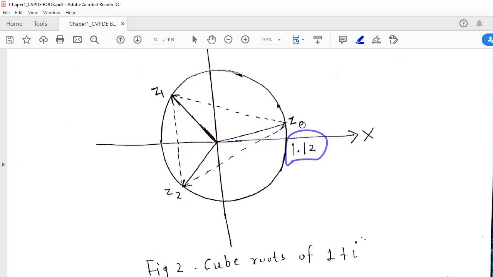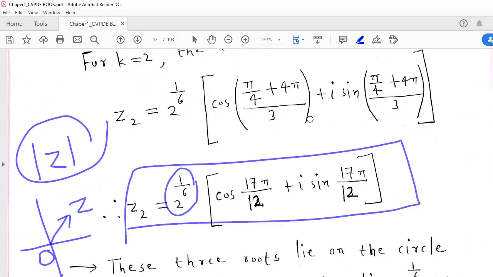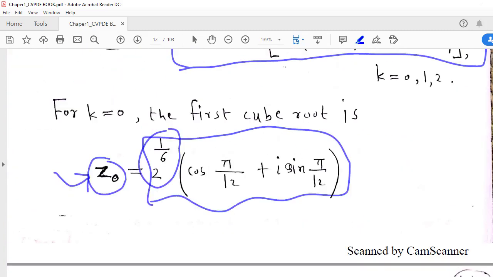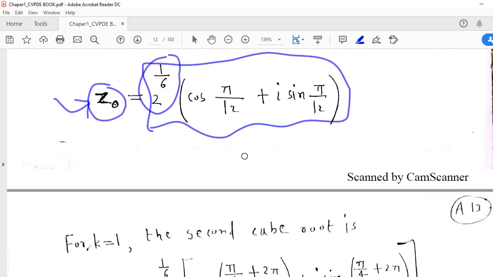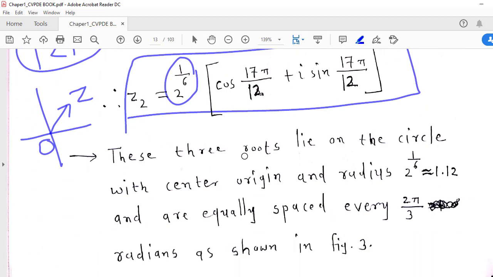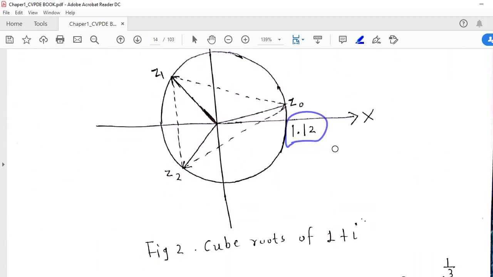Now how to find out the location of z0? It is on the circle, but on which part of the circle will z0 be? The argument of z0 will help us. The argument of z0 is pi by 12. So z0 is at the angle pi by 12.